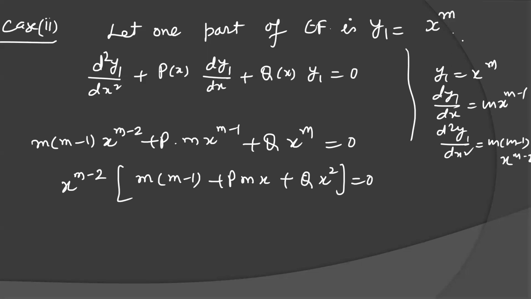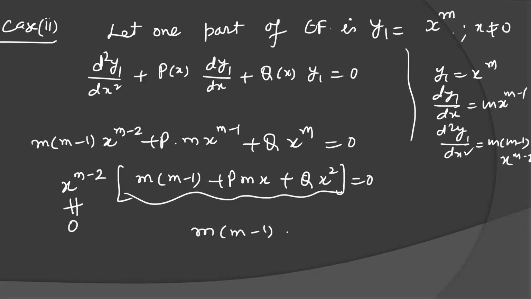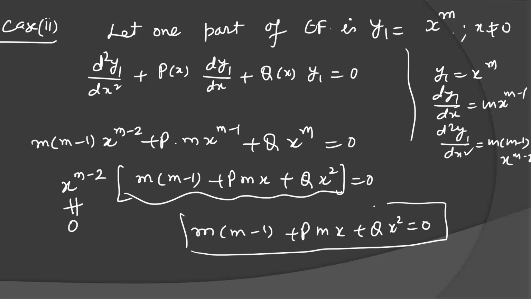And we are taking here x is not equal to 0. It means this factor is not 0. Therefore, m into m minus 1 plus pmx plus qx square equal to 0. So if your first part is in the form of x to the power m, then p and q satisfy this relation. Let's see some remarks.